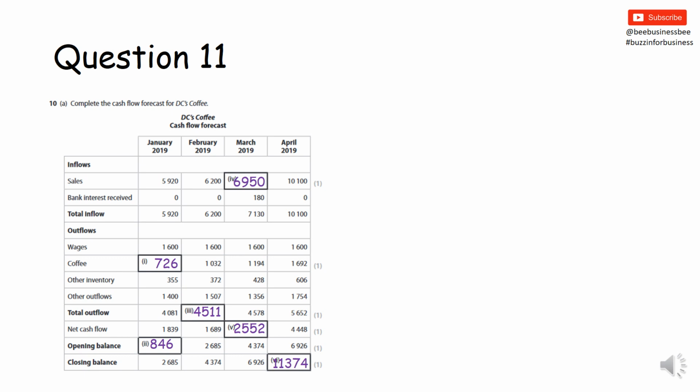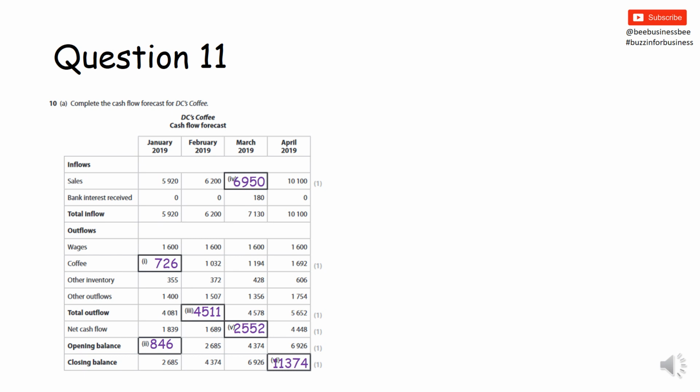Again, your opening balance would be 846. The way you would work that out is that you know that your net cash flow is 1,839, and you know that your closing balance is 2,685. Take the numbers away and you'll find your missing number.